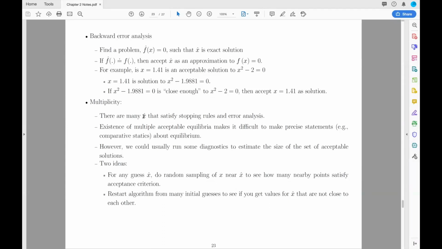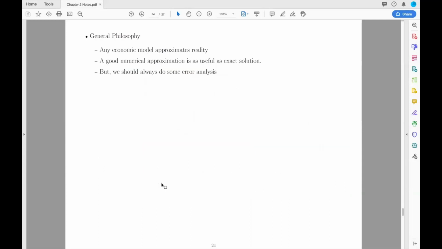How many decision rules, how many equilibrium pricing rules are acceptable equilibria according to your stopping rules? Now, by the way, this takes a lot of computing power. And perhaps that's one reason why it wasn't done in the past. However, now I think we have the power to do this. So I think now it's a reasonable requirement.